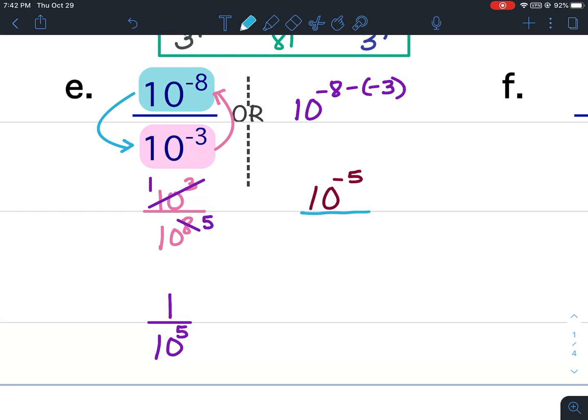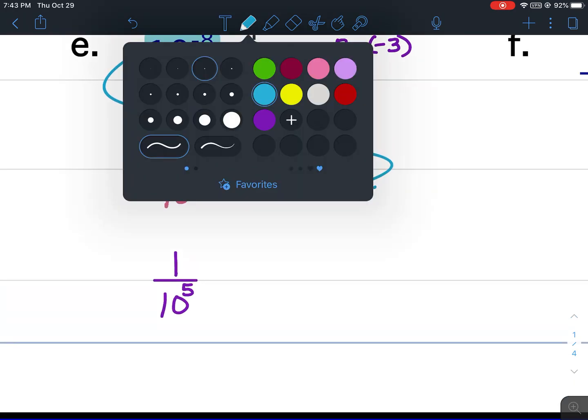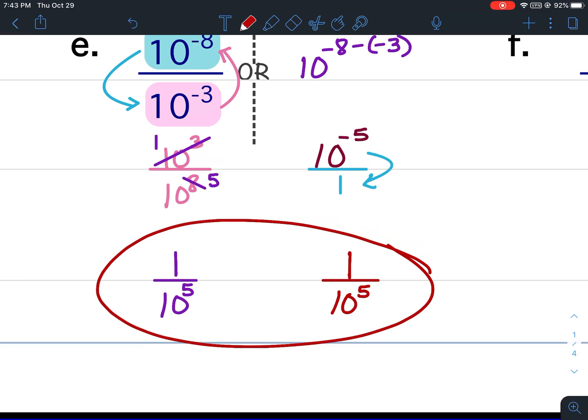Well, I don't want a negative exponent, so I need to move it to the denominator. So this would look like 1 over 10 to the 5th. And once again, notice how I got the same thing.